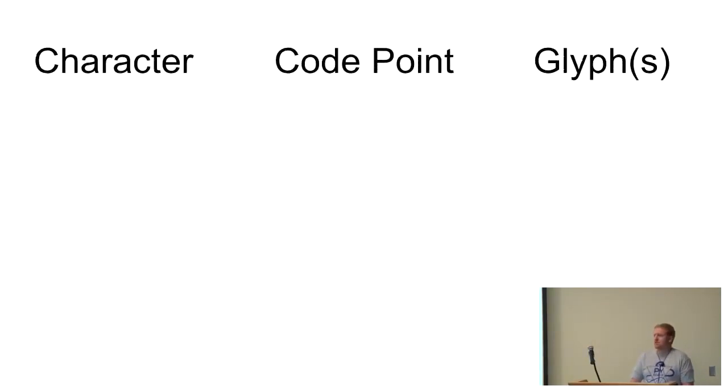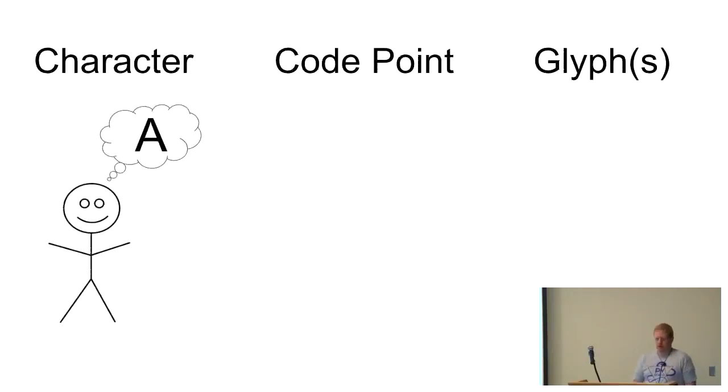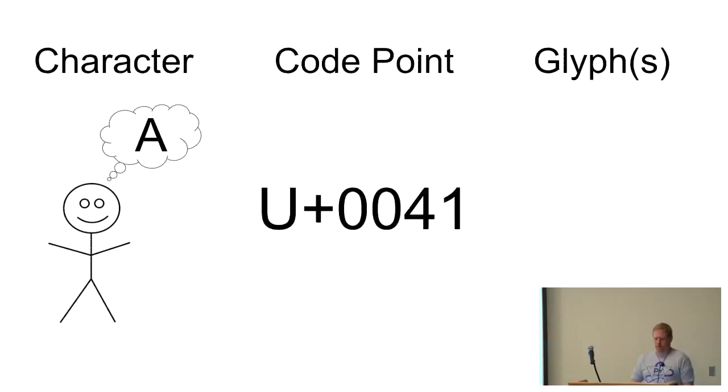One nuanced thing that's important to realize, if you've ever heard the term Unicode code point, is that it is sort of like an intermediate representation between characters and bytes. So I want to distinguish between characters, code points, and glyphs. A character is the idea of the letter A, or whatever character it is. You'll see these terms in a lot of the documentation. A code point is how that character is represented in Unicode.